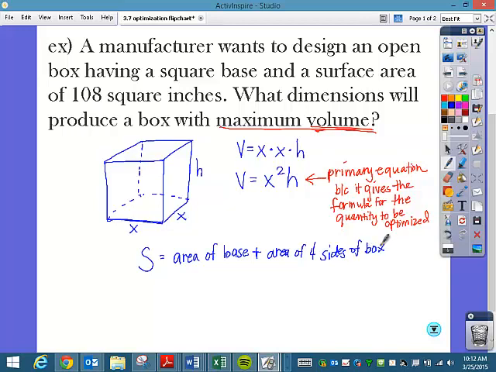So there's not a top, so we're not counting the top of our box. So the area of our base is length times width, which is a square, so it's x squared.